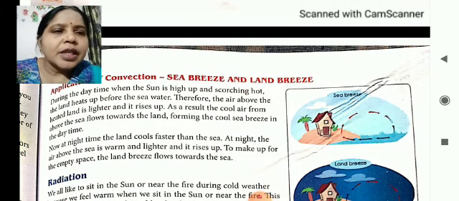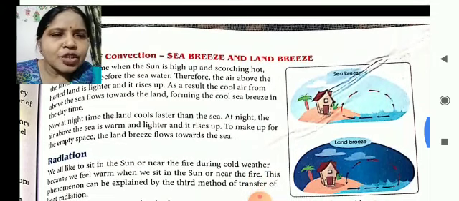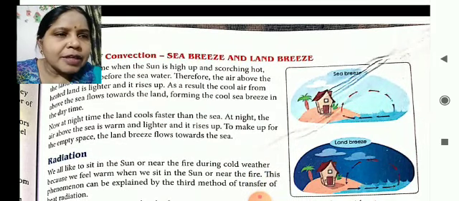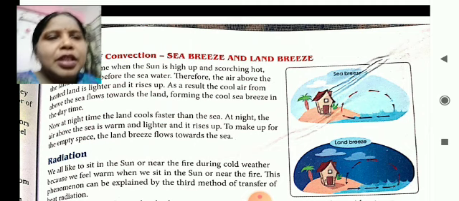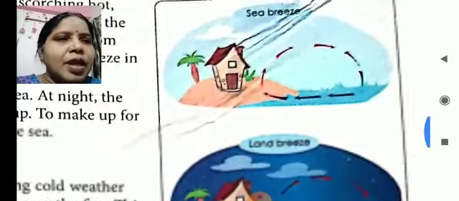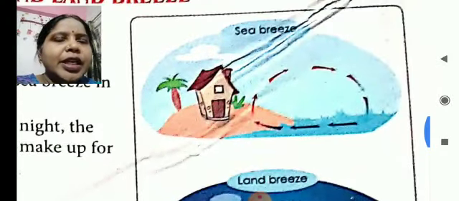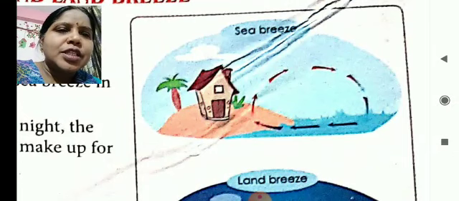The difference between these two is that the sea breeze develops from the sea to the land. The air currents above the sea during the daytime get heated and move towards the land.